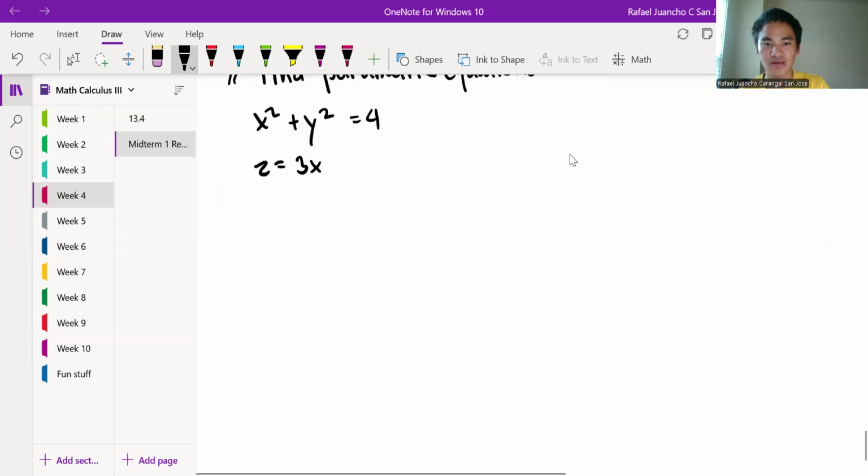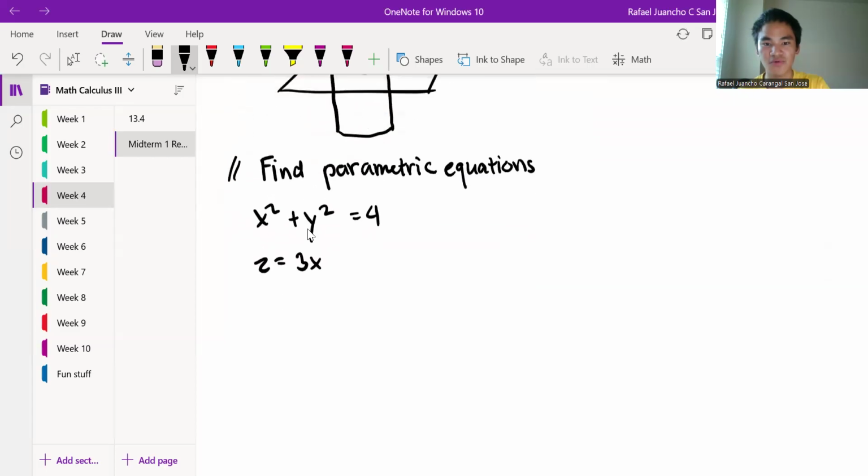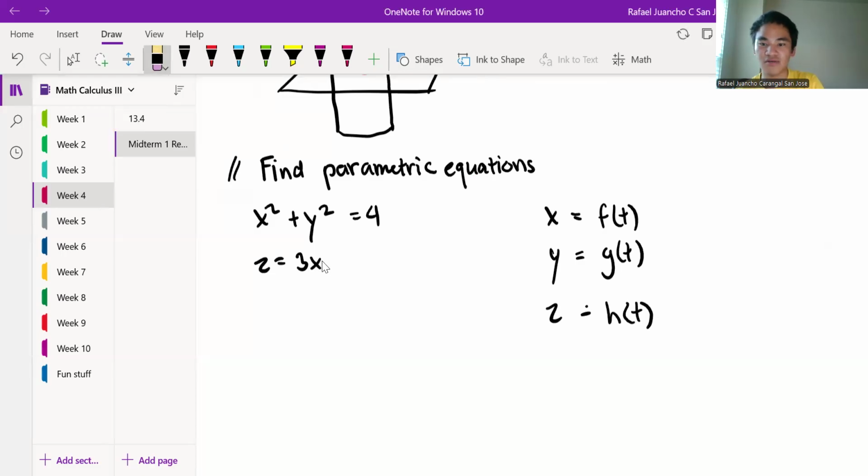Okay, now what can we do here? So the idea is we want our x, our y, our z. We want them to be of some function that involves a parameter, and we'll call it t, right? That's what we want. So how do we do that?